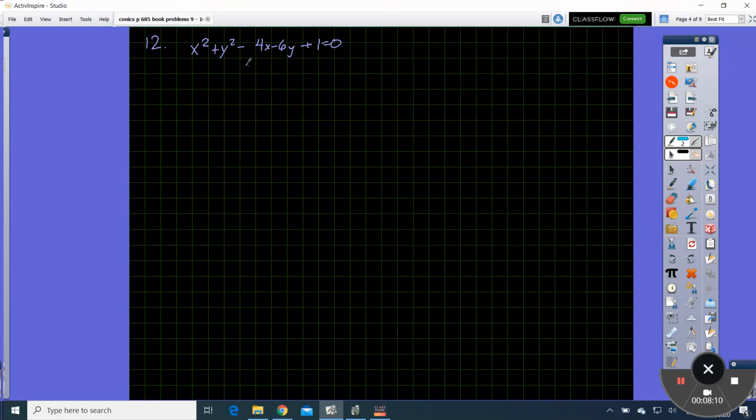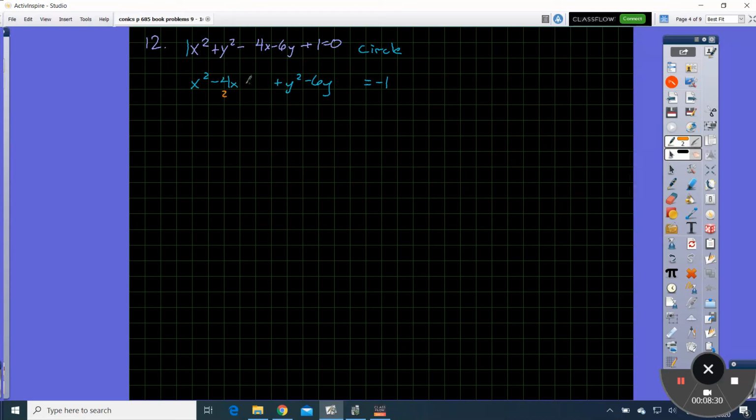The next question has it like this. X squared and y squared both have 1s in front of them. It's a plus. Therefore, this is a circle. So x squared minus 4x plus y squared minus 6y, minus that 1 to the other side. I don't have to factor anything out. That's very nice.